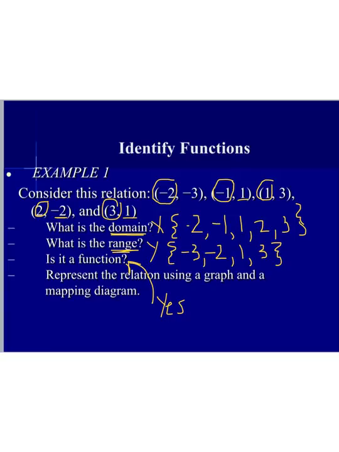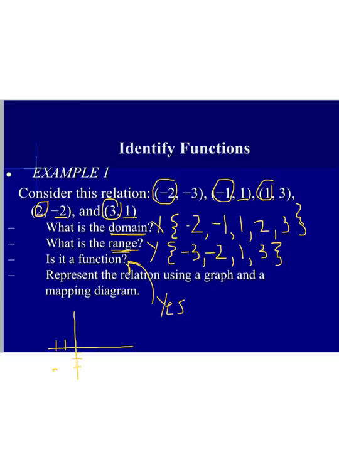And then the last thing is represent the relation using a graph and a mapping diagram. Okay, so for the graph, all you would do is graph those ordered pairs. Remember, you graph the x value first, so (-2, -3) would be approximately right here. It's hard for me to do that with my pen.